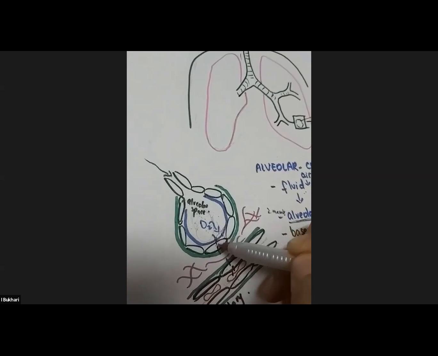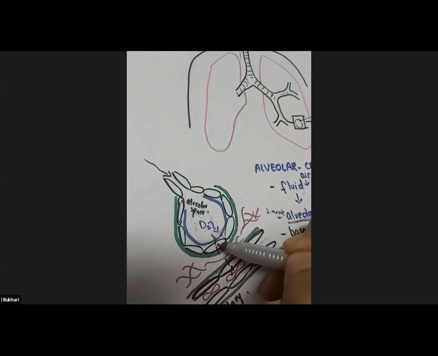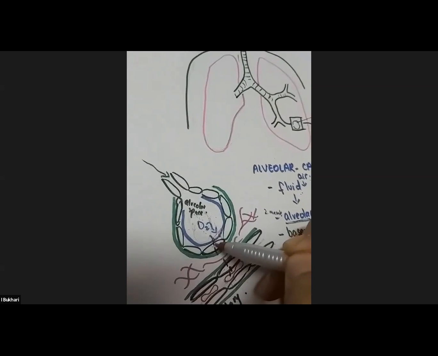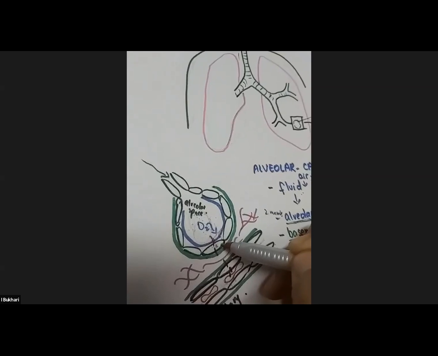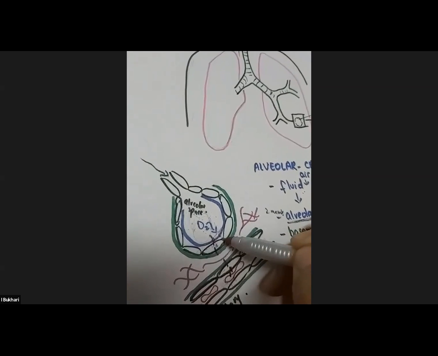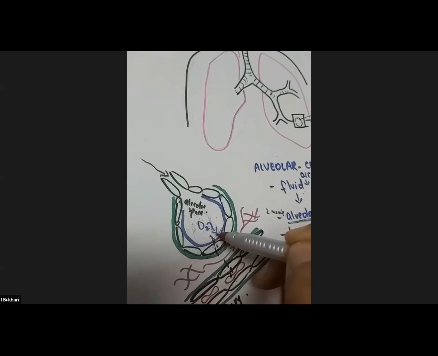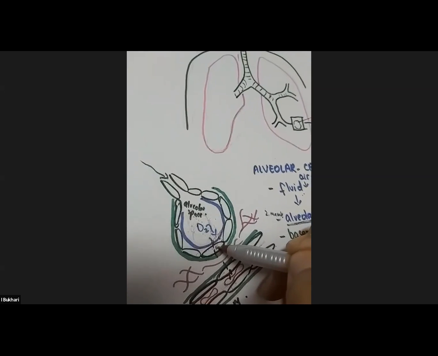For it to be allowed to diffuse into this cell, which already contains cytoplasm, right? Because this is a cell, cytoplasm. So you don't want gases to enter into the cytoplasm directly.